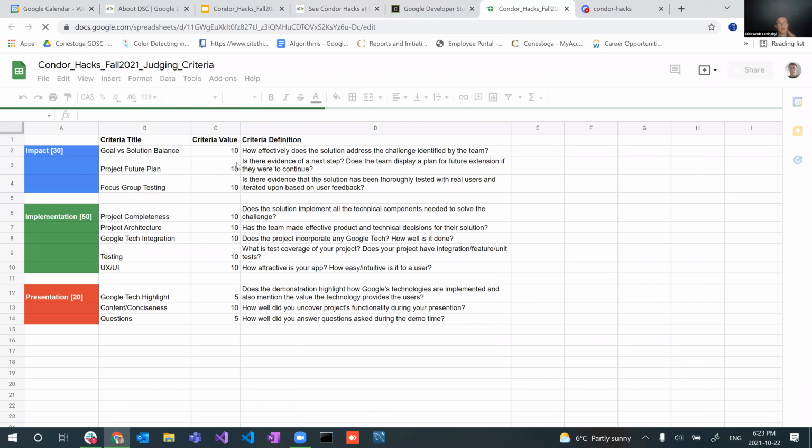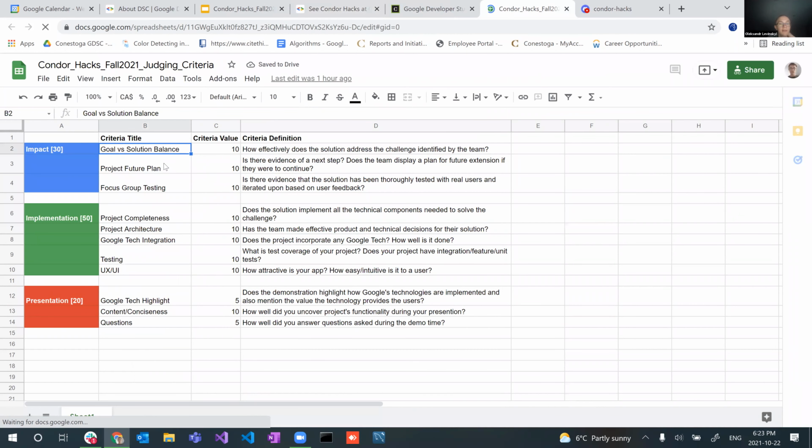I created this table, which explains in a more detailed manner how you will get your points. This may change slightly, but I would say it's already kind of settled, so it shouldn't change. If any changes occur, I will ping you in the Discord.